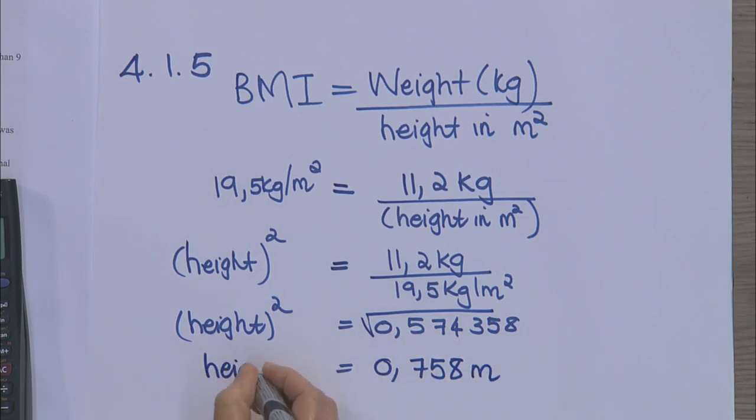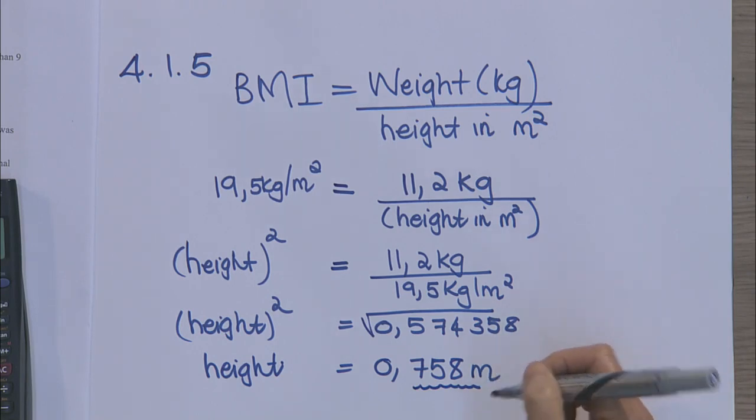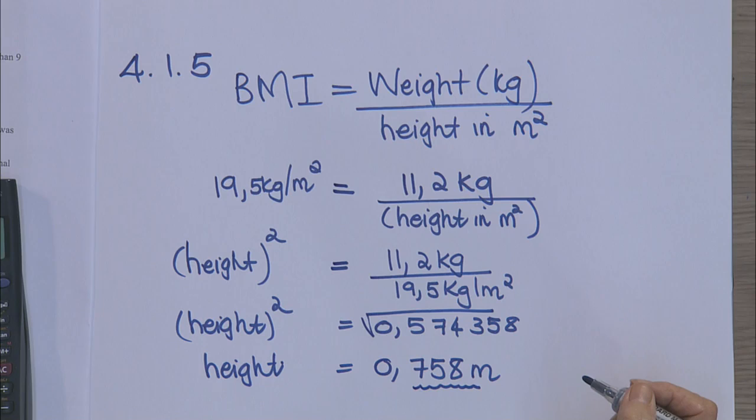So the height of this baby boy was, and they specifically instructed us to round it to 3 decimal places, 0.758 meters. That is then the height of this baby boy.